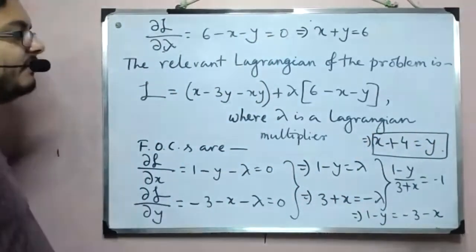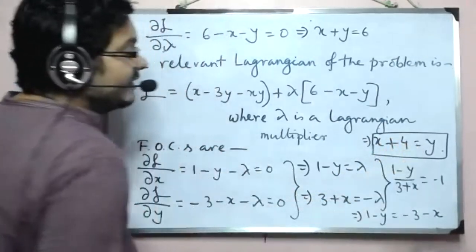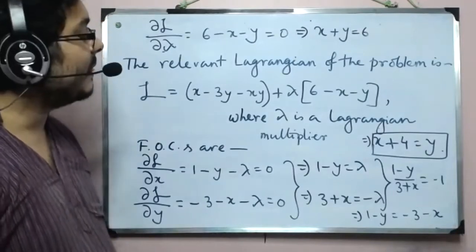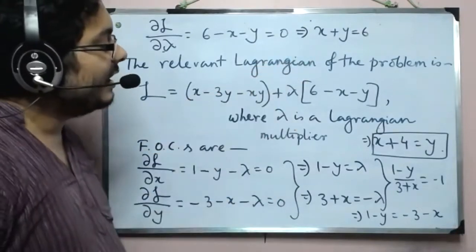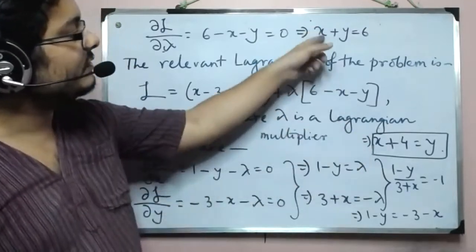So here we have another equation relating x and y, apart from our constraint, and we are just going to solve x and y from these two.